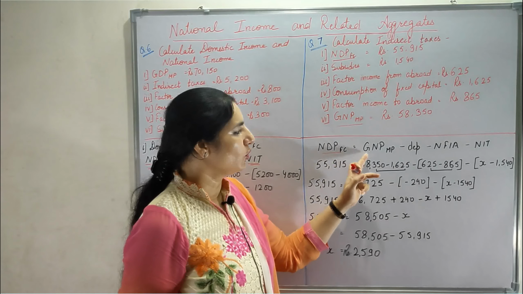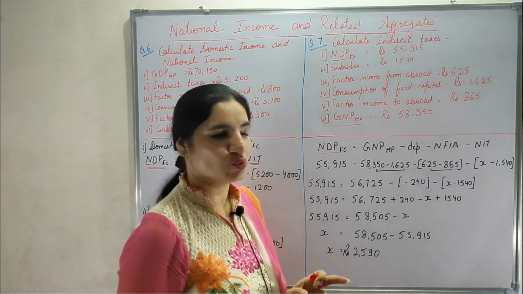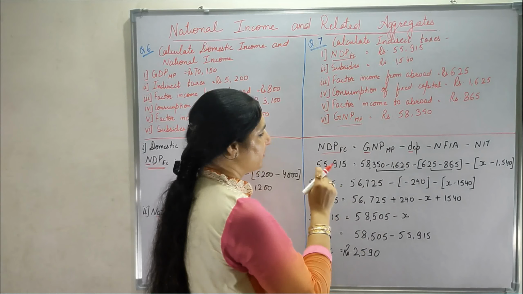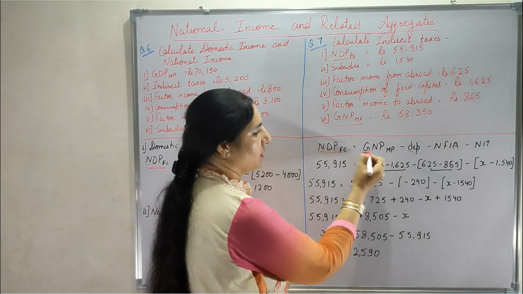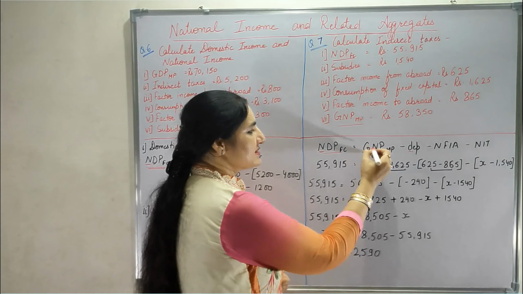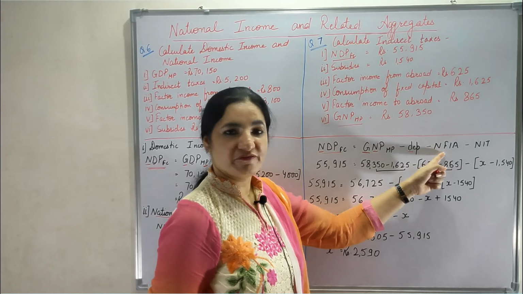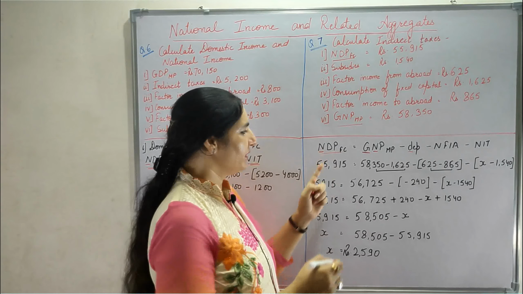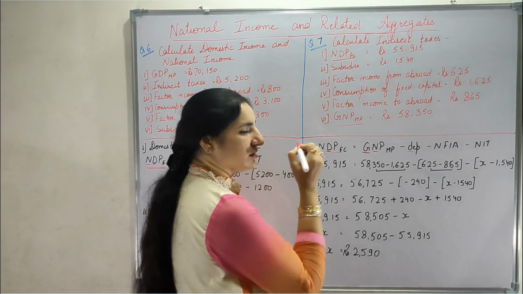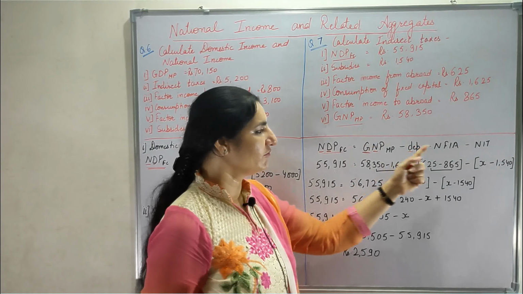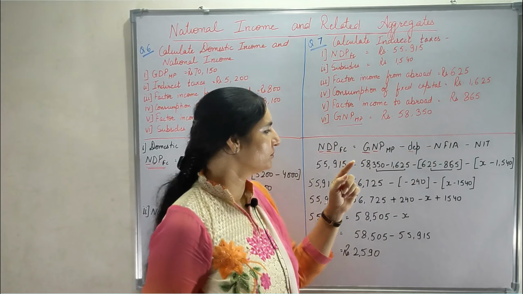Now compare all the heads of these two aggregates. This is gross. So we deduct depreciation. Now these two become equivalent. This is national. So from national we deduct NFIA and we arrive at NDP at FC, that is domestic. So national and domestic have become equivalent when we have deducted NFIA from this.